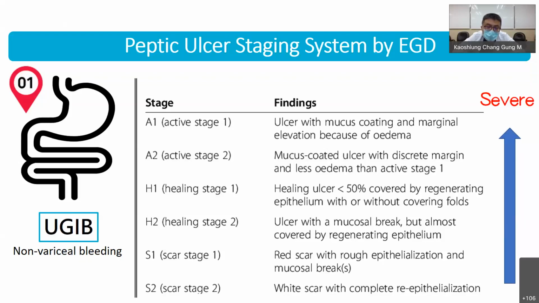The definition of the classification is as the table says, but I know it may be hard to remember, but I think there's a reference for you to understand how the EGD report states. The only thing you need to know is that active ulcers always mean that patients have more severe ulcer disease.